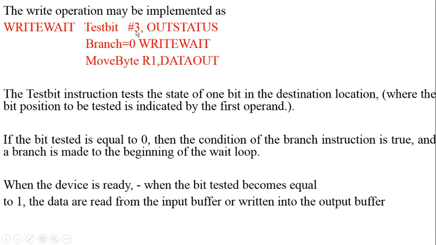When the device is ready, that means the bit tested becomes equal to 1. Whenever the third bit of OUTSTATUS becomes 1, what is the meaning? The output device is ready to receive a new character, so that we can transfer data from register R1 to the data out register. Okay. Thank you.